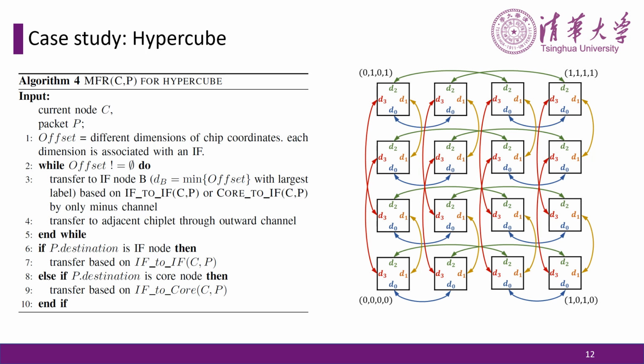The interface nodes of these dimensions are distributed along the interface ring, and the message can traverse all these dimensions by going around the interface ring through a minus-only path. Once the message reaches the target chiplet, it continues along the interface ring until it can reach the destination by one turn from minus to plus.